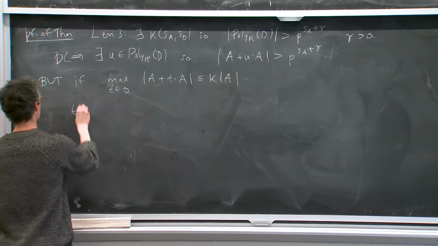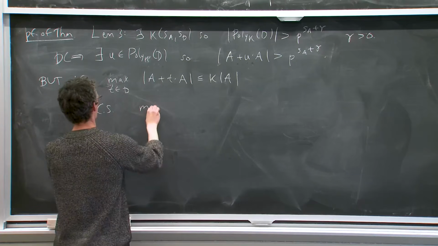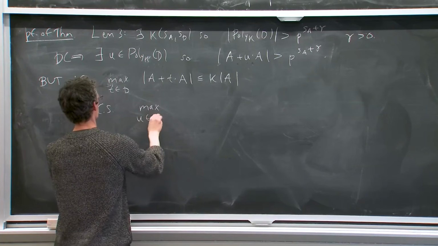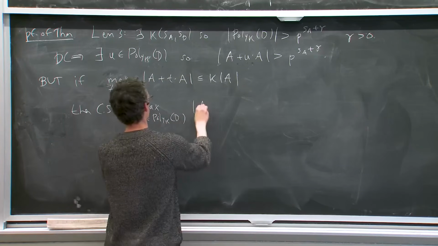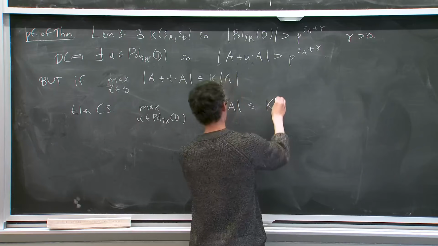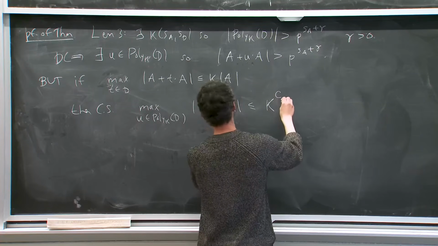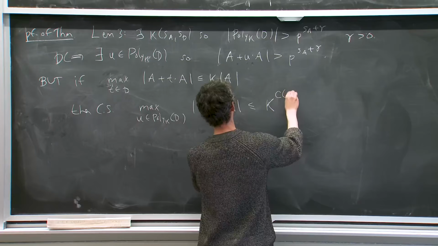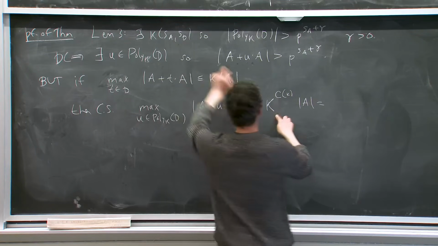So then use our contagious structure, and we get that the maximum u in poly k of d of a plus ua is smaller than k to a power here. And so this power depends on little k. But then if you unwind, little k depends on SA and SD.